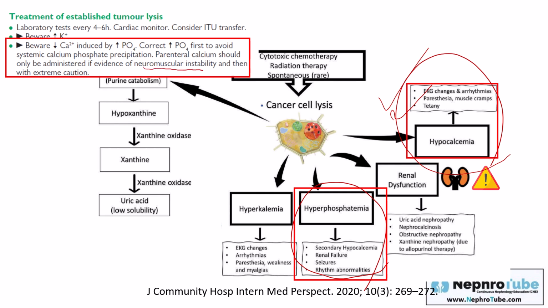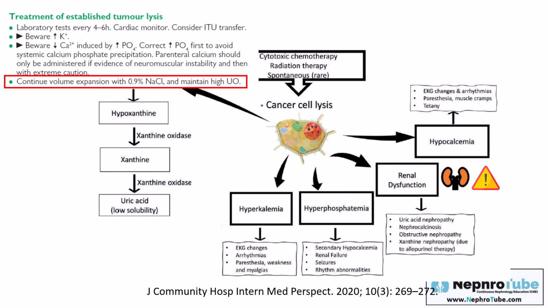Correction of hyperphosphatemia will avoid calcium phosphate precipitation and correct the calcium level. This is the same point that I will mention later in the lecture on rhabdomyolysis, because in rhabdomyolysis the patient will also have hyperphosphatemia and hypocalcemia, and we will not treat hypocalcemia except in cases of tetany, neuromuscular instability, ECG changes, or arrhythmia.